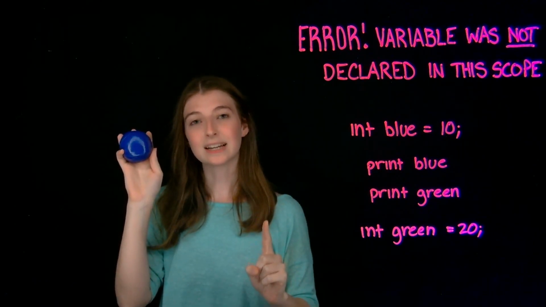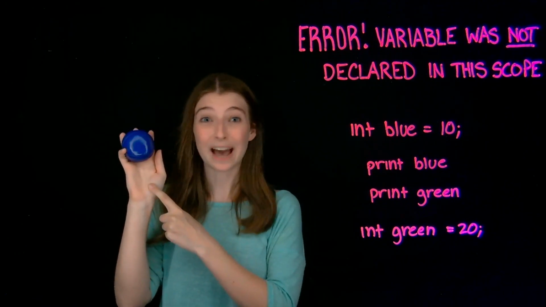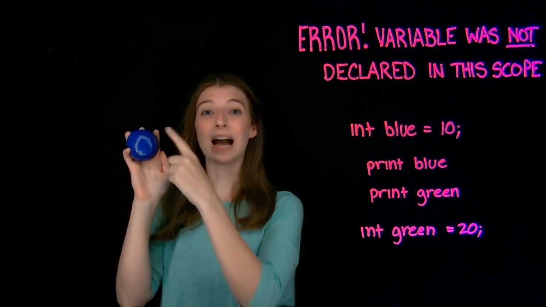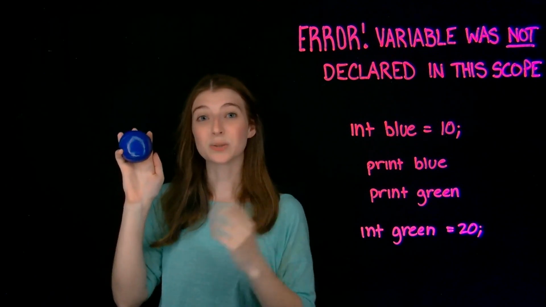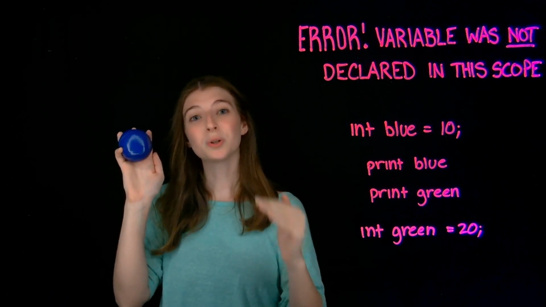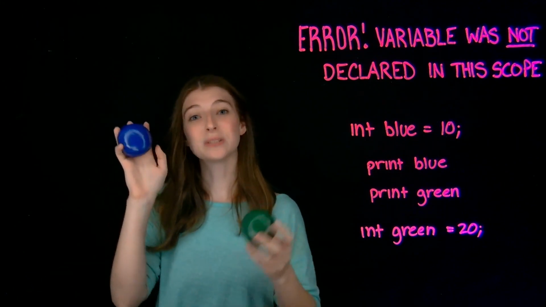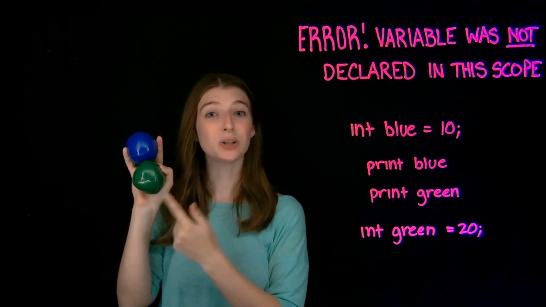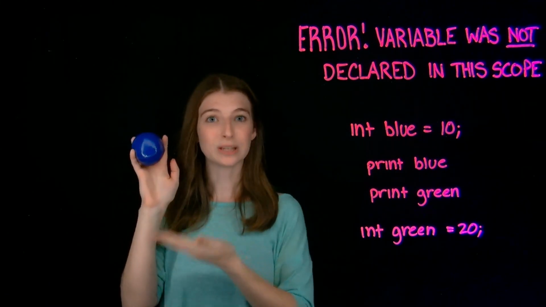Then we go to the next line and it says print green, but my memory says I don't have a green variable. I have never seen a green variable before. I have only seen a blue variable since we started this program. That's why it throws the error, because we don't create the green variable until after that line. So it's after that line that our computer will go, great, here is my green variable. I have it in memory. But before that, we only have blue.